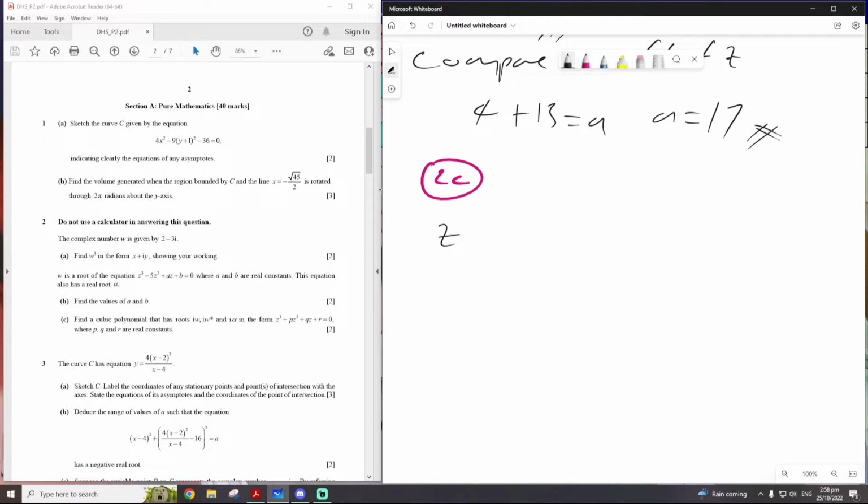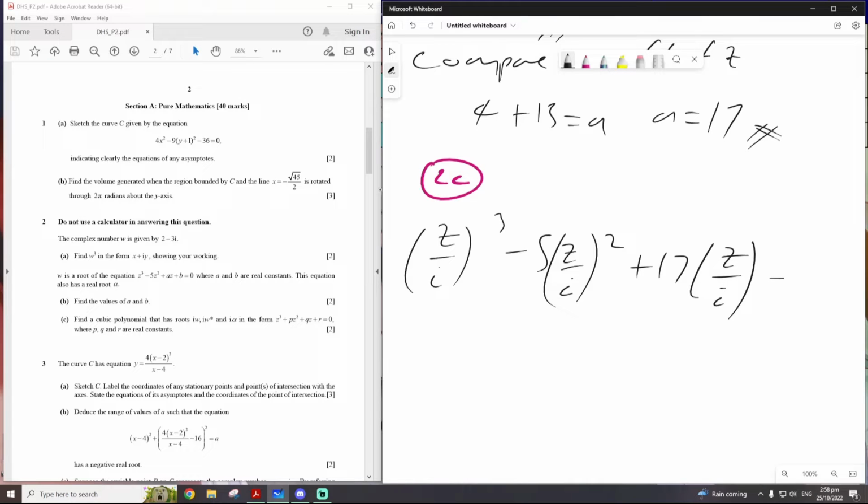So we'll get z over i cubed minus 5 z over i squared plus 17 z over i minus 13.